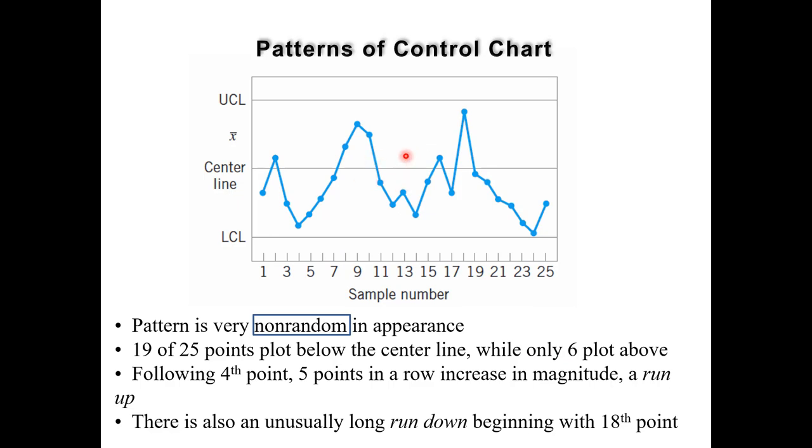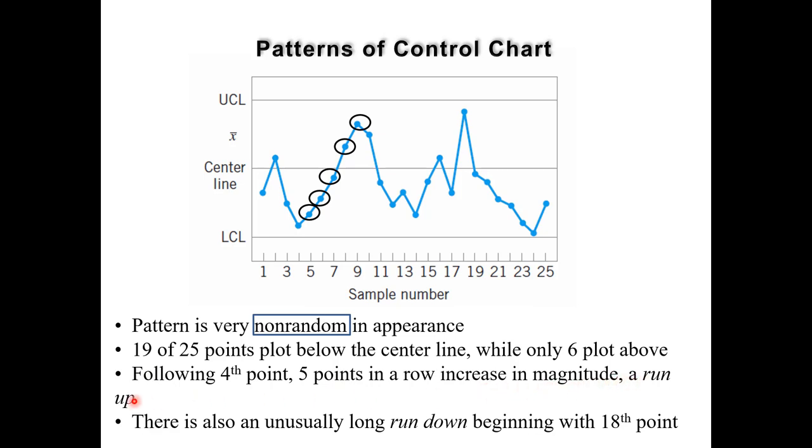It's not a fair number between the area above the center line and the area below the center line. Following the fourth point, you can see 5 points in a row which increase in magnitude.